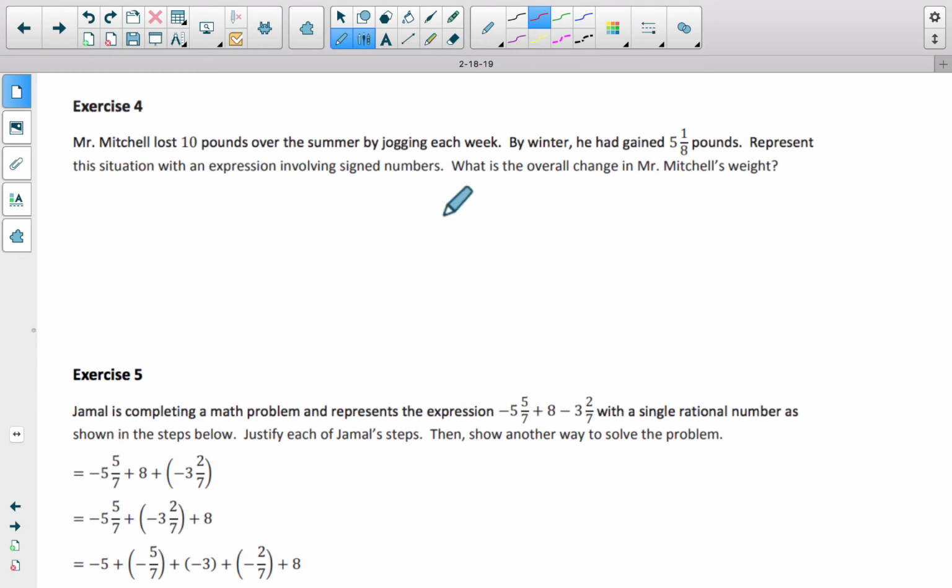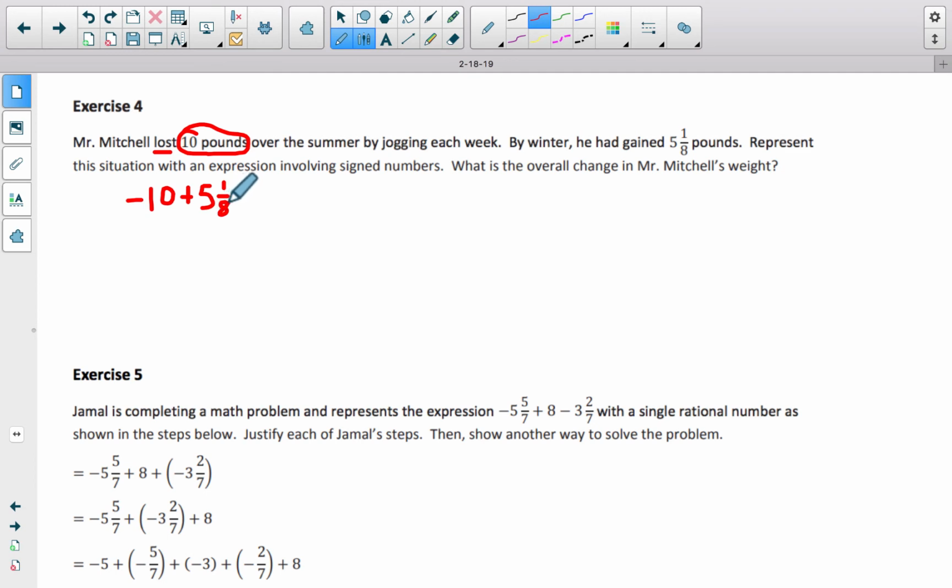So for exercise 4, losing 10 pounds is a negative. All right, so I'm going to represent that with a -10. By winter, she gained 5 and an eighth. So that is adding, or that is a positive 5 and an eighth.